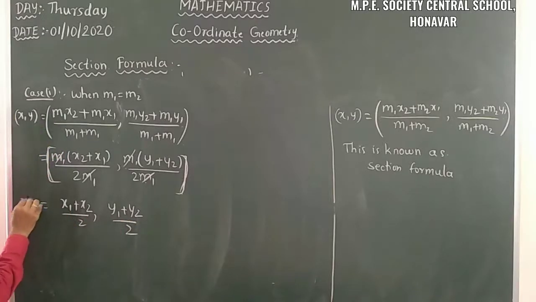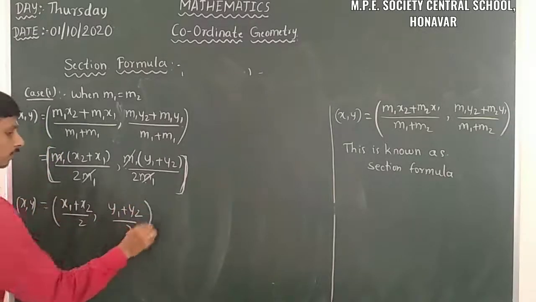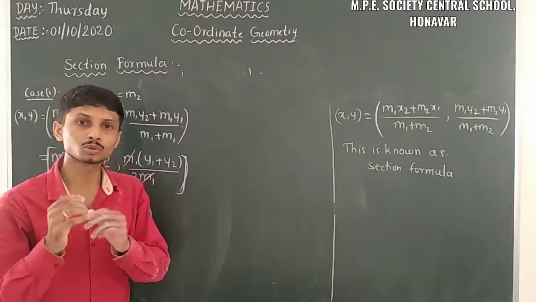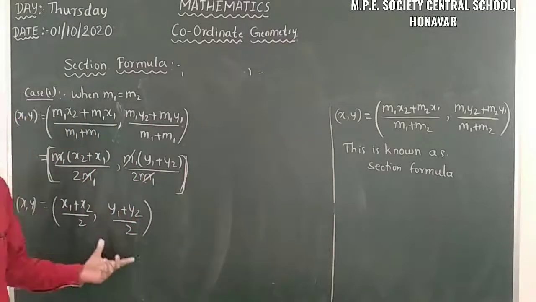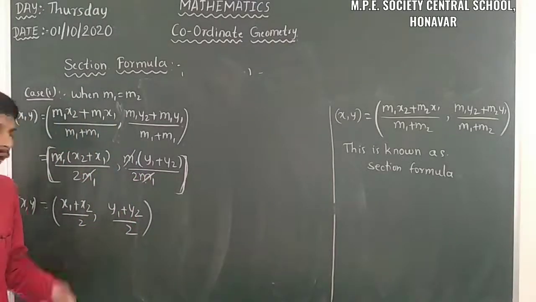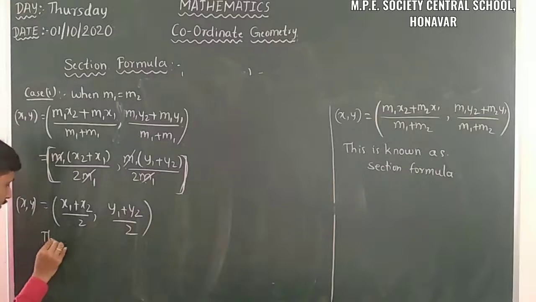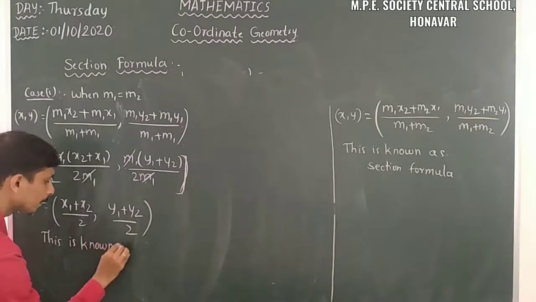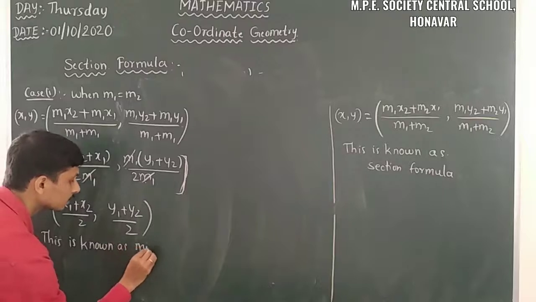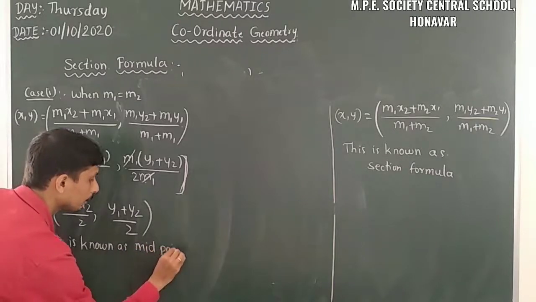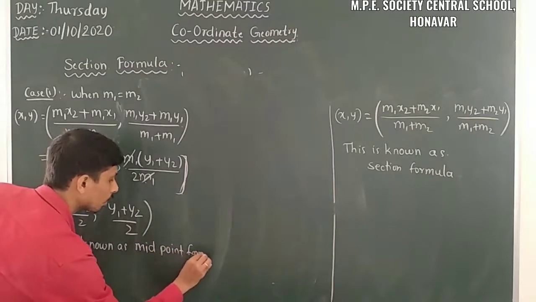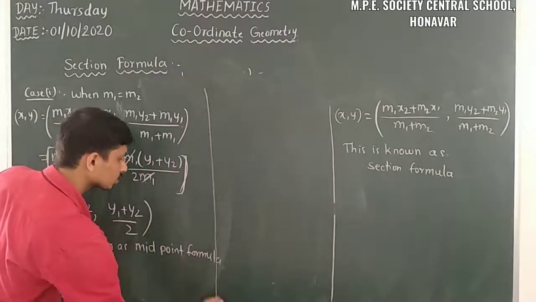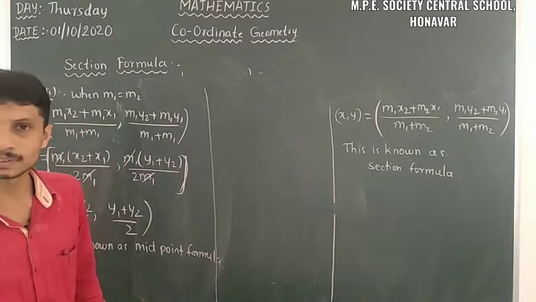So this is the case when we have a point equidistant from those 2 points. This formula we are calling the midpoint formula.